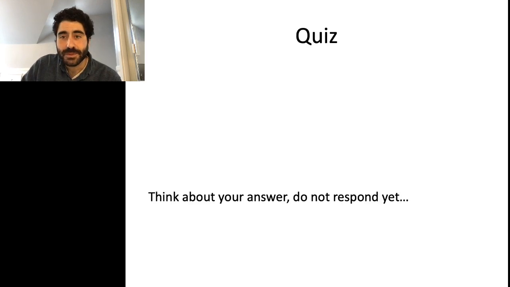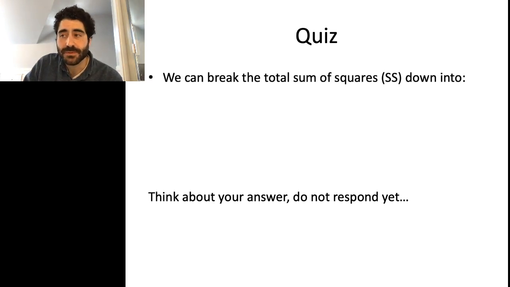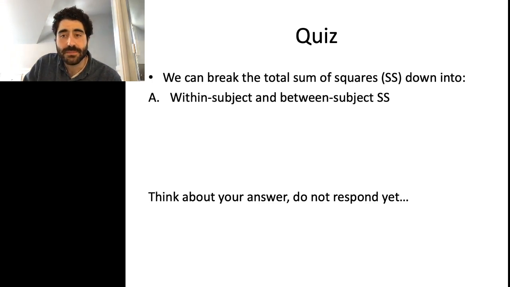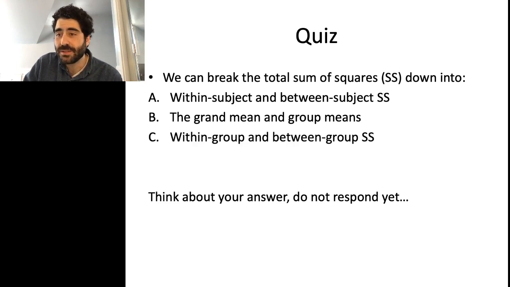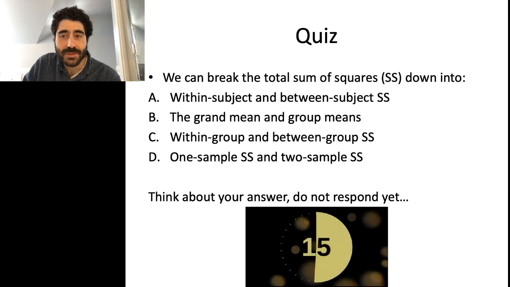Okay, we'll do our first quiz. Again, don't respond in the chat until the timer has counted down from 15. All right, the question is, when we're breaking down this total sum of squares, what are the two quantities we're going to break it into? Within subject and between subject sum of squares, grand means and group means, within group and between group sum of squares, or one sample and two sample sums of squares.